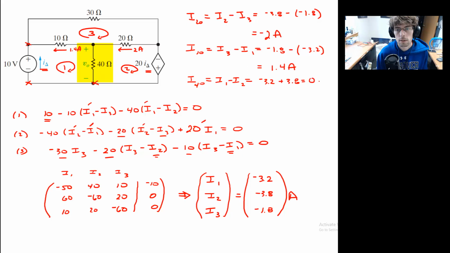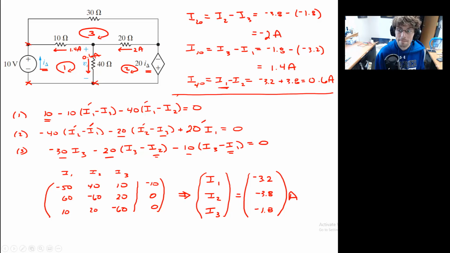So I get 0.6 amps, again running in the direction of I1, the one that we chose to go first. So we have 0.6 amps going down. And again, if we check against our node voltage method, we should find that we're getting the same answers. Nice.